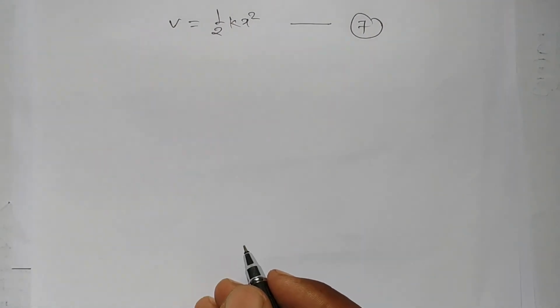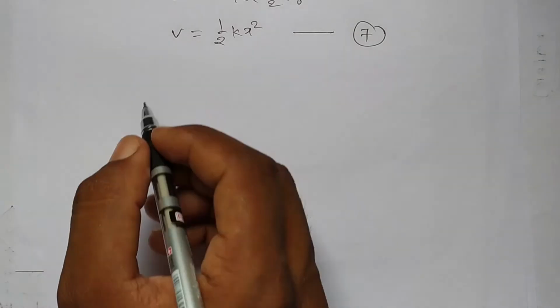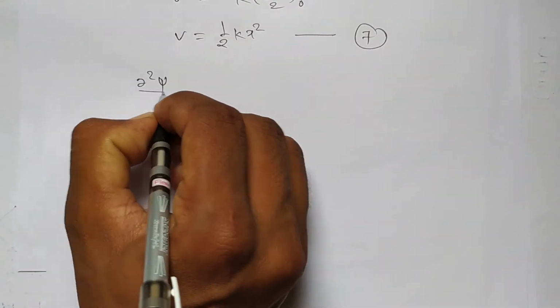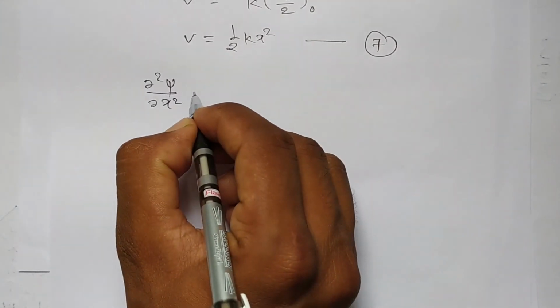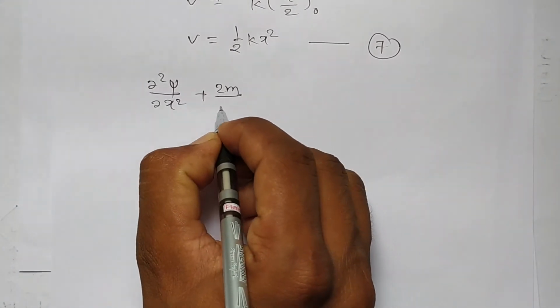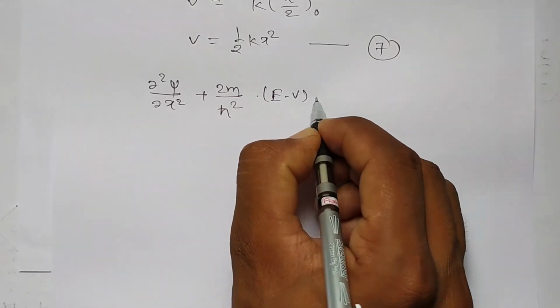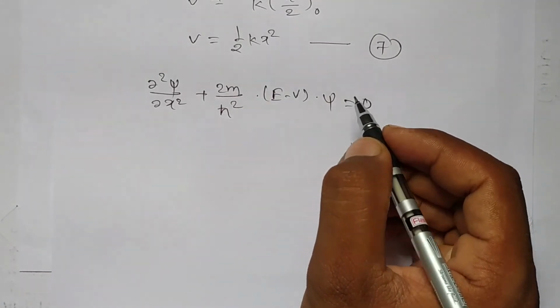Now, the time independent Schrodinger equation in one dimension is given by del square psi upon del x square plus 2m upon h cross square into E minus V into psi is equal to 0.